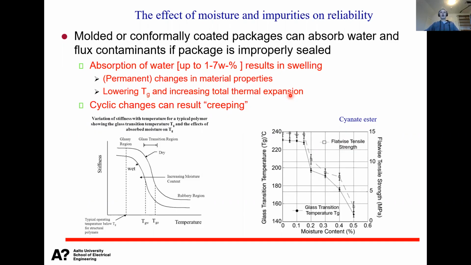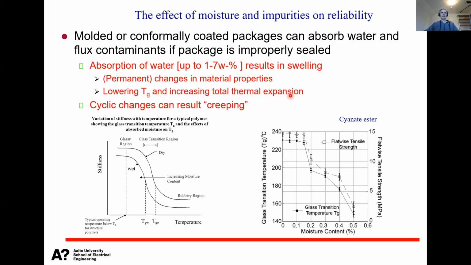And this is already a problem because the organic materials expand as a function of temperature much more than metals and ceramics. This is something that we will discuss in much more detail when we talk about printed wiring board and other substrates. And then also the Tg, glass transition temperature, is decreased when moisture is absorbed.